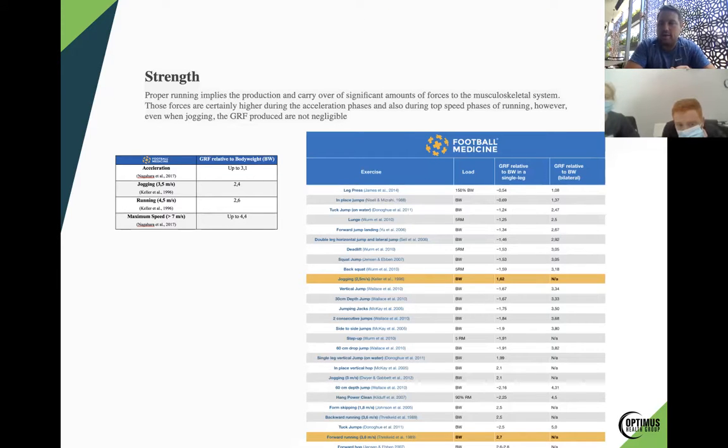This is where guided progression is important. And this is why the lower limb rehab groups are so fantastic, because we can do this. Sometimes I'll have people progress in a single session from vertical jump, so 1.67 times body weight, to side jumps, adding a lateral vector, to 1.9 times.